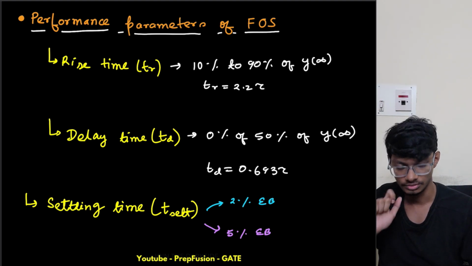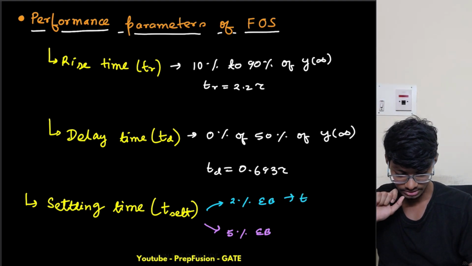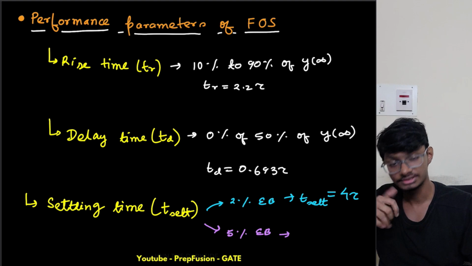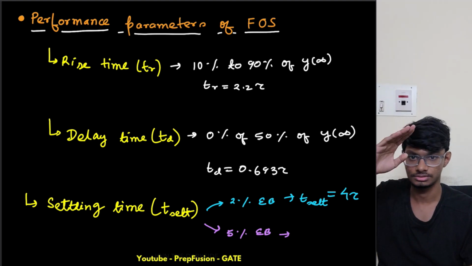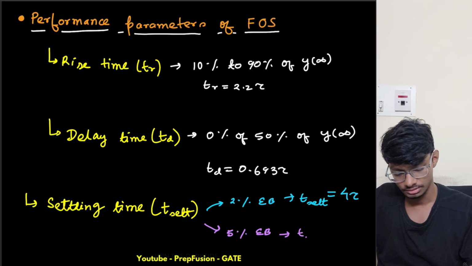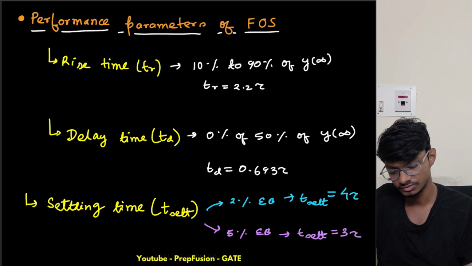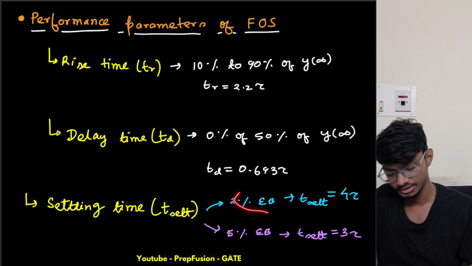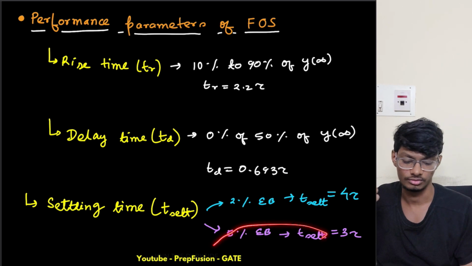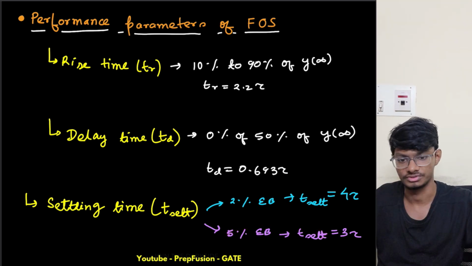The 2% error band is t settling equals 4 tau, right, and for the 5% error band it is lesser. Obviously it will take less time to reach within 5% of the steady state. Okay, that's why this is lesser. Just need to remember these two and you are good to go. Mainly the 2% error band is asked, but just in case they ask the other one. But if they ask any other, you can also find it using the derivation that I did there, right.